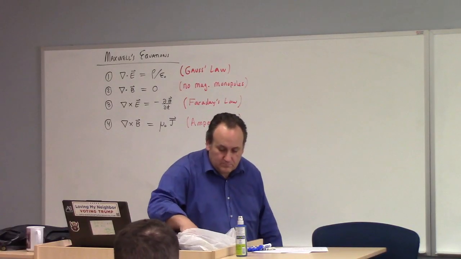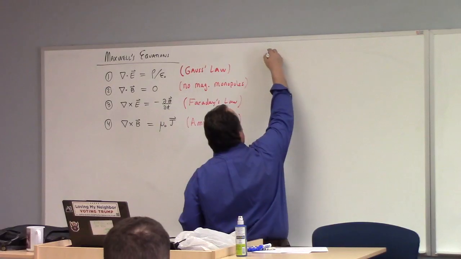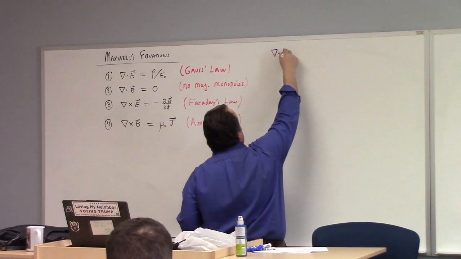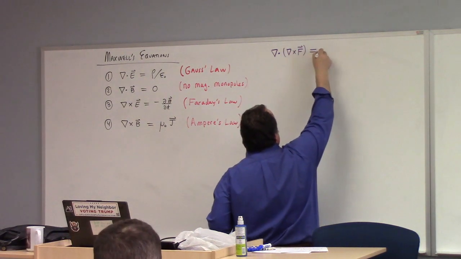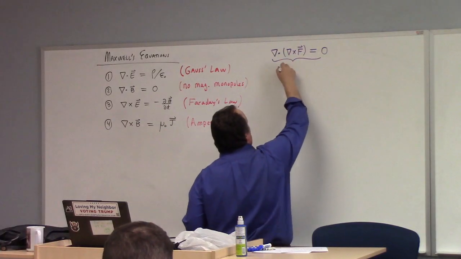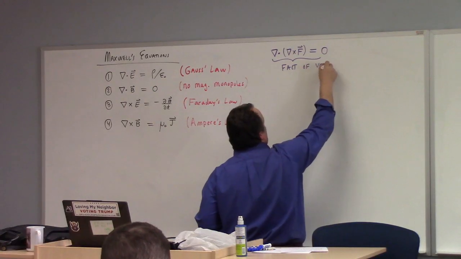But the basic thing that we're going to look at is we know something, right? We know that the divergence of the curl of a vector field, this is non-negotiable, is 0. This is a fact of vector calculus, right?